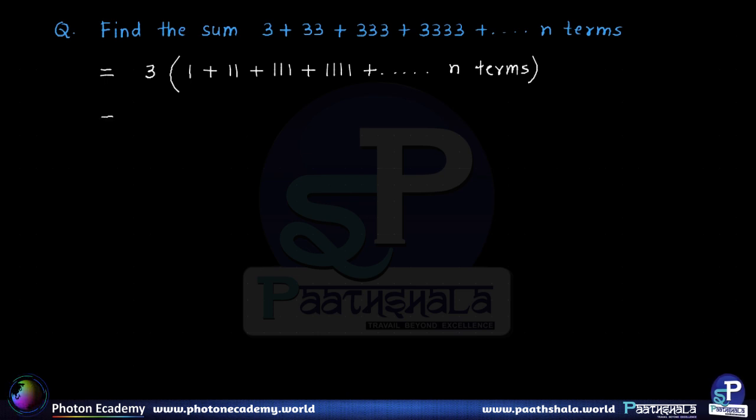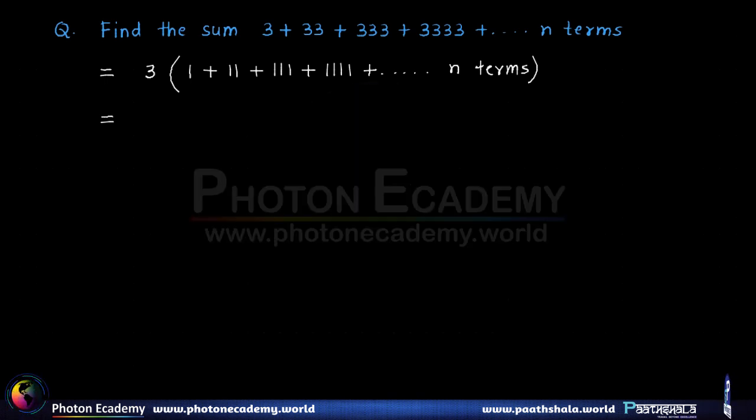Now next what we have to do is we have to somehow write all the 9's, but we cannot just write as it is because we will have to then adjust the 9 in the denominator also. So if we multiply all the terms in the bracket by 9, we will have to also outside divide by 9.